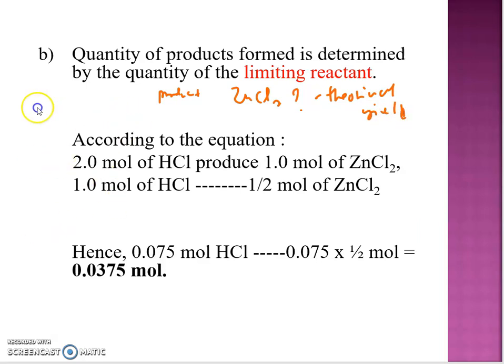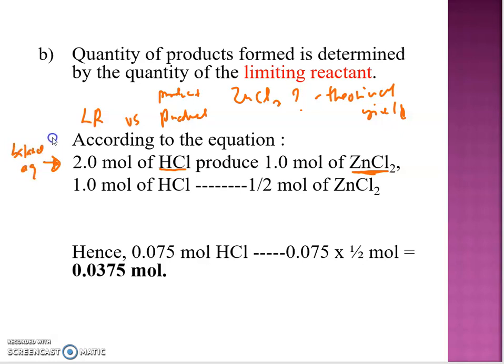So, dekat sini, you mesti kaitkan antara limiting reactant versus dengan produk apa yang kita nak tadi. Okay, so dalam kes ni limiting reactant adalah HCl. And the product that we need to understand atau cari which is zinc chloride. So this is according to equation, balance equation.